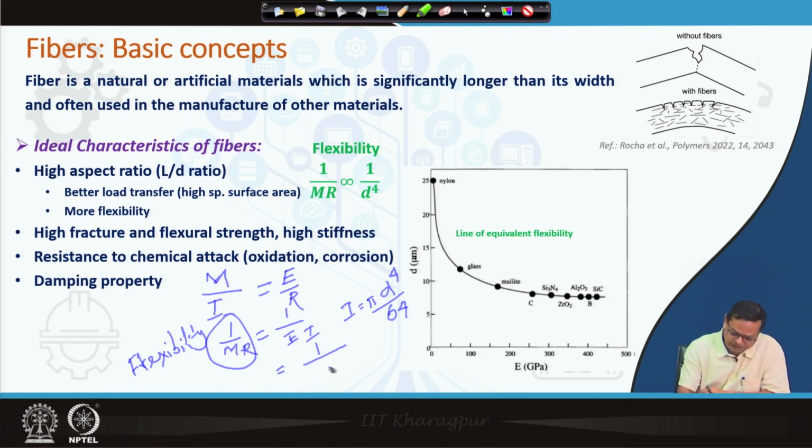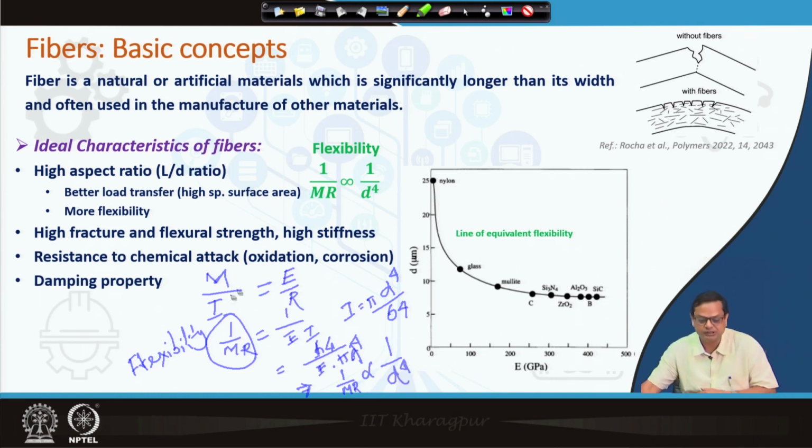So, 64 goes to the top, and we can write that 1 over M R is proportional to 1 over d to the power 4, which has been shown here.